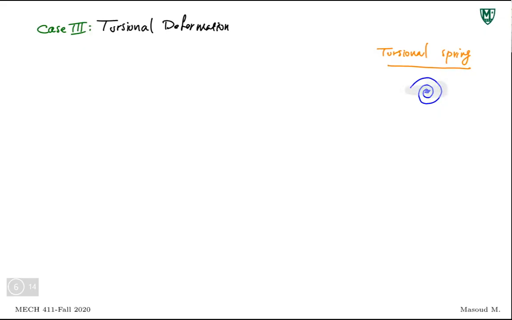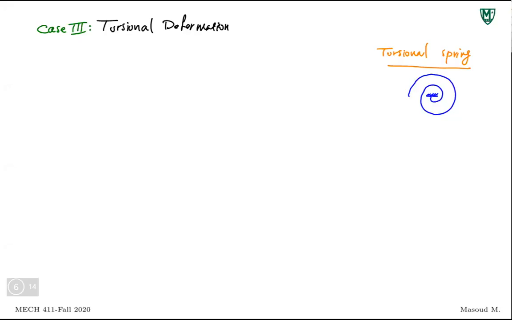It's a pretty bad drawing. Let me give it another shot, to make it a little more clear. It's fixed at some end. That's how we show a torsional spring. A good example would be the springs in a wristwatch or a clock, especially old-fashioned watches.